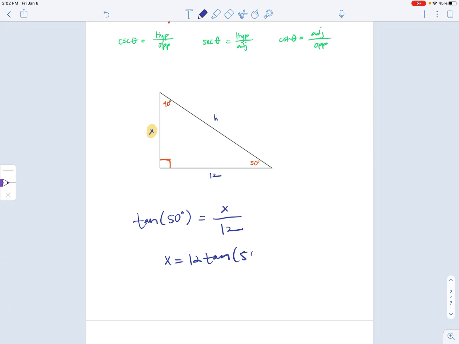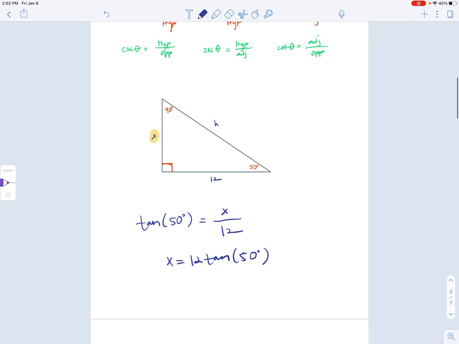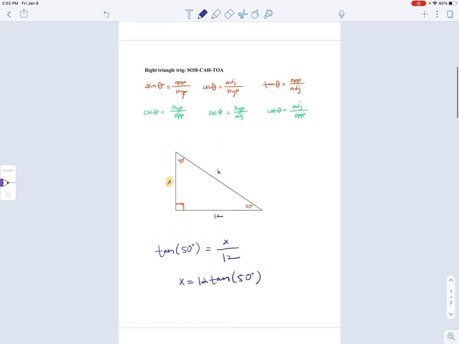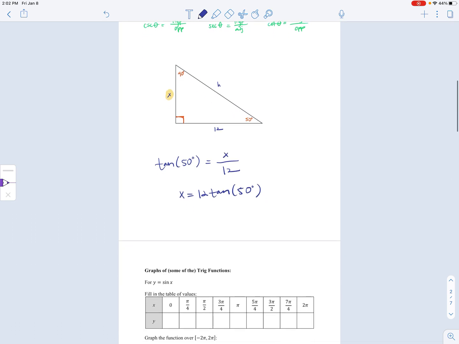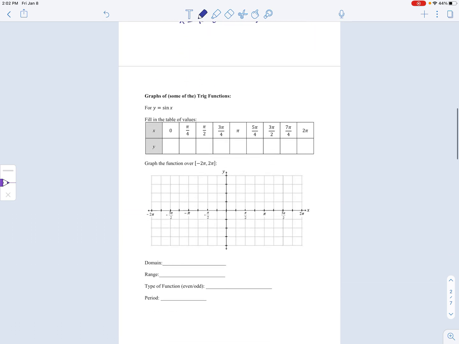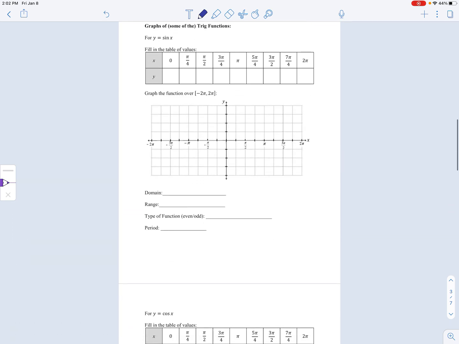So x, that side, would be equal to 12 times tangent of 50 degrees. You could type that into your calculator to get the approximation. And then from there, you could either use the Pythagorean theorem, or one of the other trig functions to help you determine what h is.